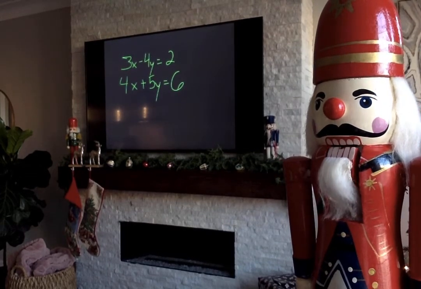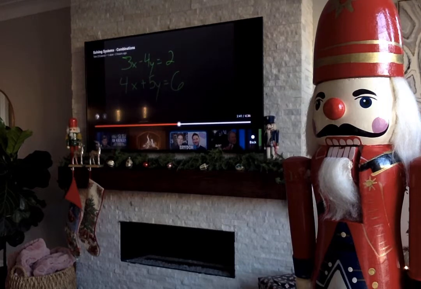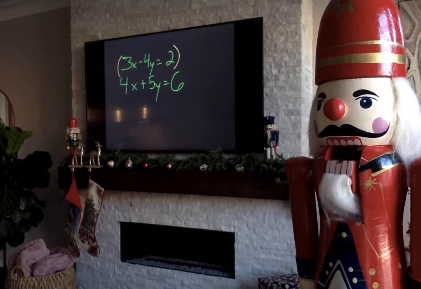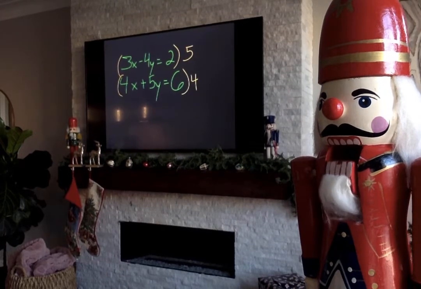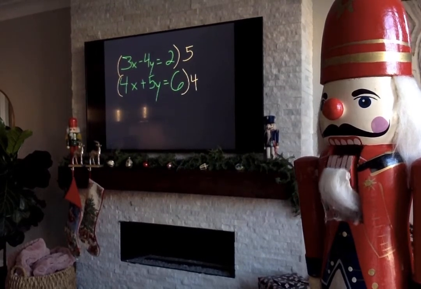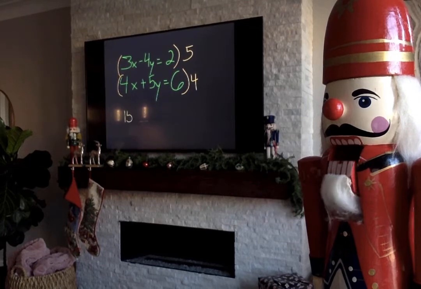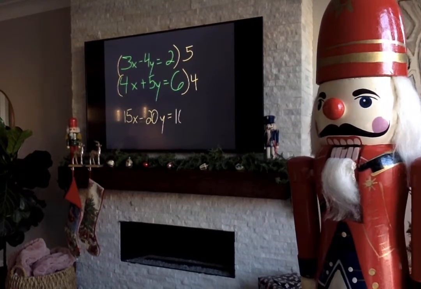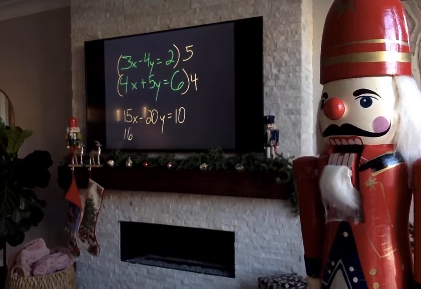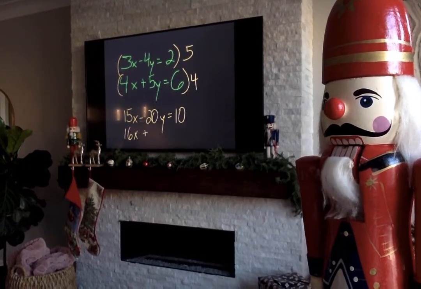Here's what I mean. If I go through and multiply the top by 5, that would make the y part -20. If I multiply the bottom by 4, that would make the y part +20. -20 and +20 will cancel.